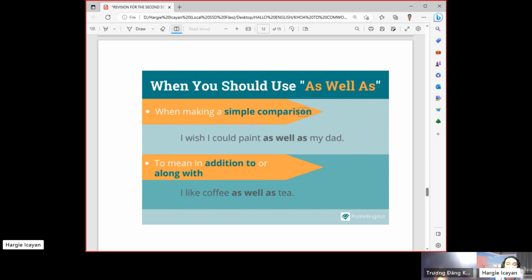So it's a simple comparison. That's why we use as well as. Next, we use as well as to mean in addition to or along with. For example, I like coffee as well as tea. So you like coffee and you also like tea, right? In addition to or along with. Did you understand, Khoa? So that's the use of as well as.